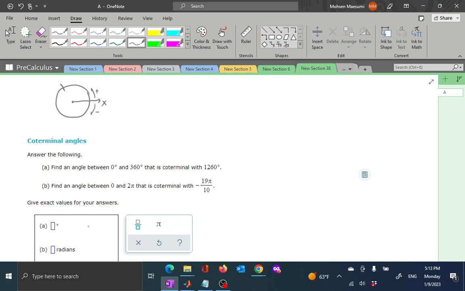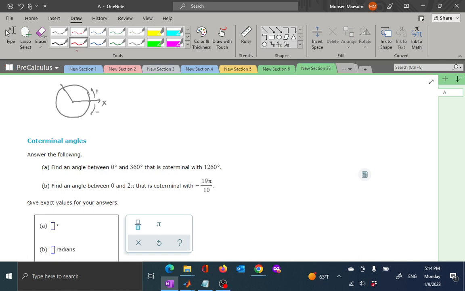So if two people meet on the track, the amount of walk they have done is not necessarily the same. It's just that they met. In that case, we say they are coterminal, meaning they are starting at the same location, they have ended up at the same location, and the angles that they traveled are going to be called coterminal.